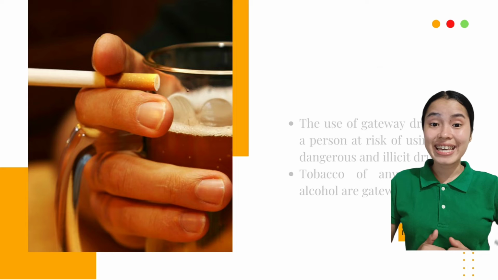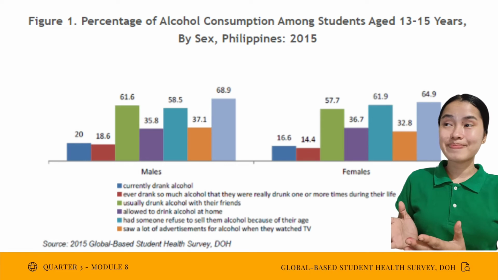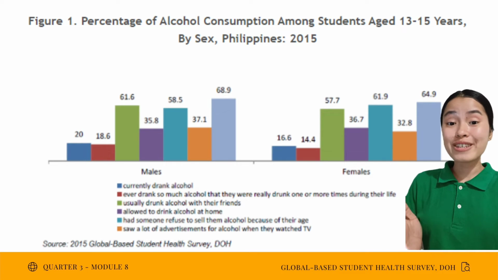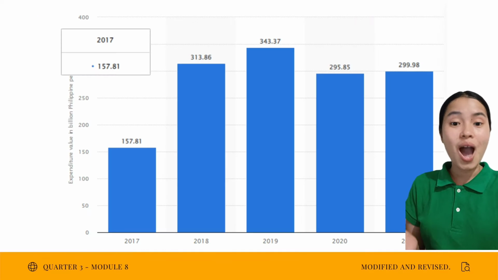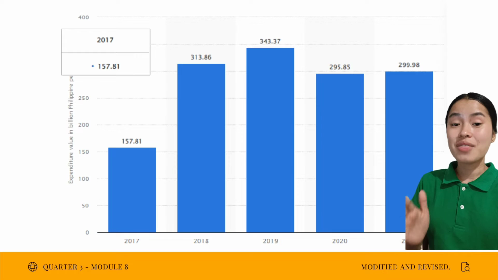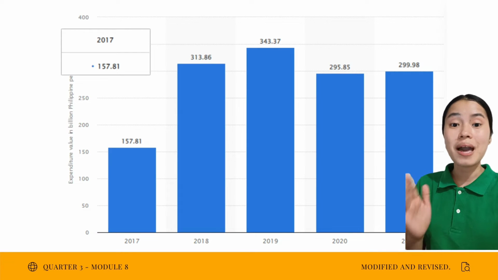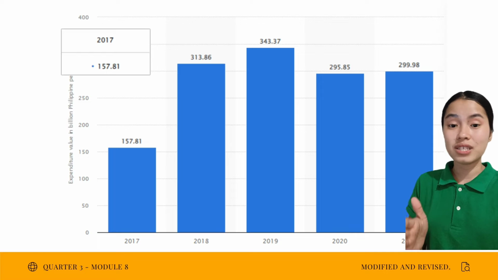Let's try looking at these data. The first one shows the percentage of alcohol consumption in youth, while the second one shows the percentage of consumption on tobacco and alcohol in amounts reaching nearly 300 billion pesos in the year 2021.